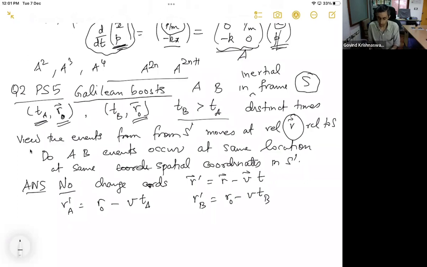Okay, so I am computing the spatial coordinates of these two events. They are the same location, same coordinate in the original frame, but in the new frame, the coordinates are different because tA is not equal to tB. So according to the moving observer, they don't occur at the same location. Yeah, I hope this is clear.